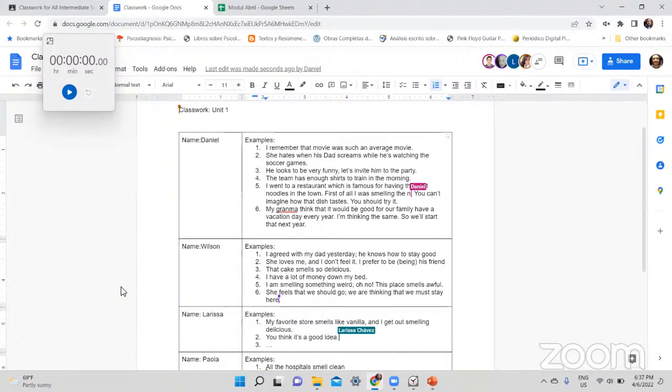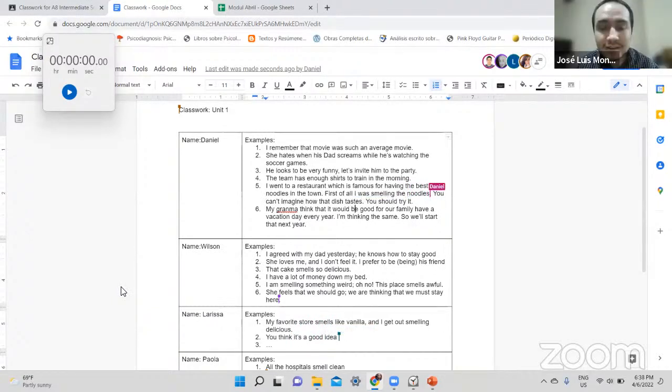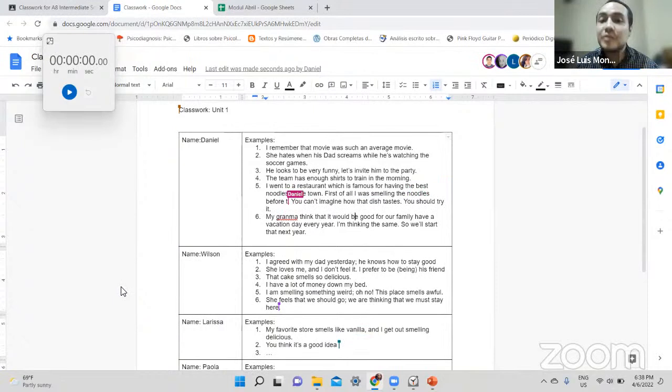Okay. Very good. And then you can imagine how that dish tastes, right? Because in this case, it's going to be the dish that tastes like something, right? Good. Now, here, of course, they are going to correct that one as well. Again, I was smelling the noodles, but here it's okay because it's an active action that you're doing, right?